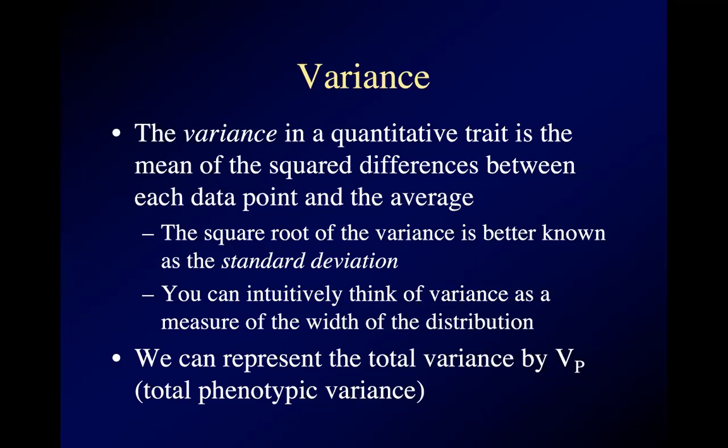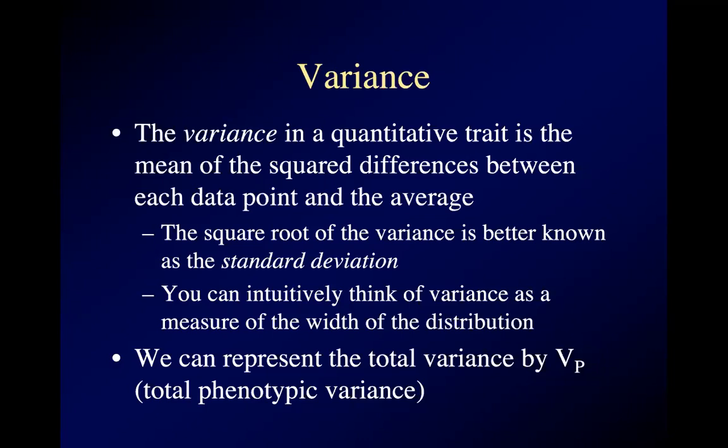If variance is very low, then almost all of your values are very close to the mean and your bell curve is very narrow. If variance is high, then you have a lot more spread around the mean and your bell curve is a lot wider. And so we could take any trait in a population and measure the total phenotypic variance.